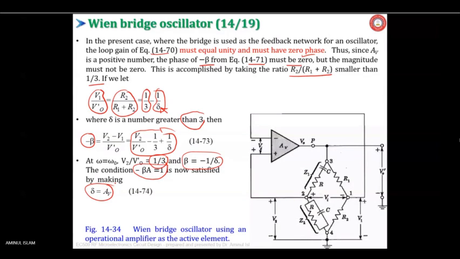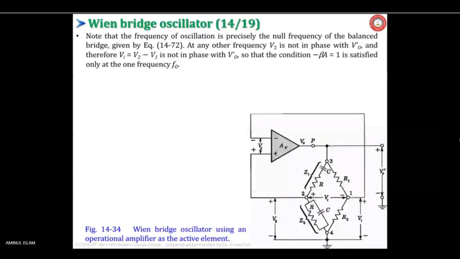So is it understood? Yes, yes, sir. Note that the frequency of oscillation is precisely the null frequency of the balanced bridge given by equation 172.